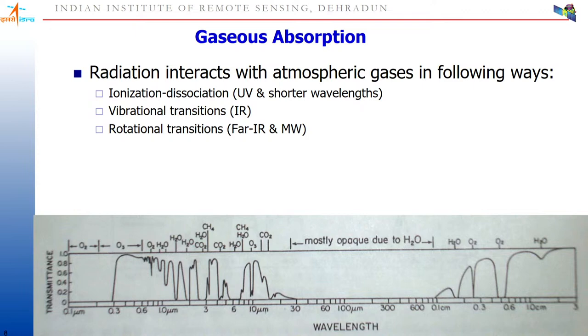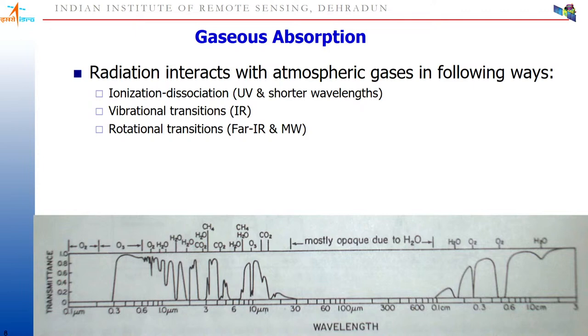So the electron is shifted and stripped from the atom, and the molecule is torn apart, and such dissociation is known as ionization dissociation. Similarly, infrared radiation helps vibrational transition, and far infrared and microwave help rotational transition.